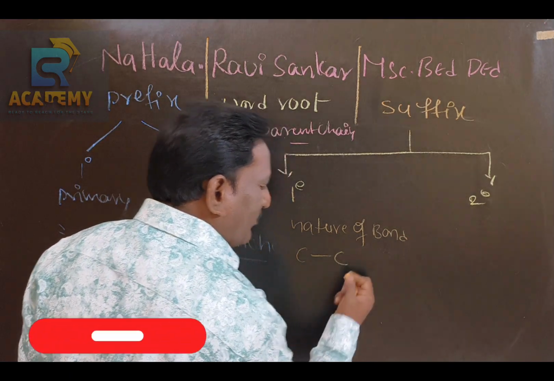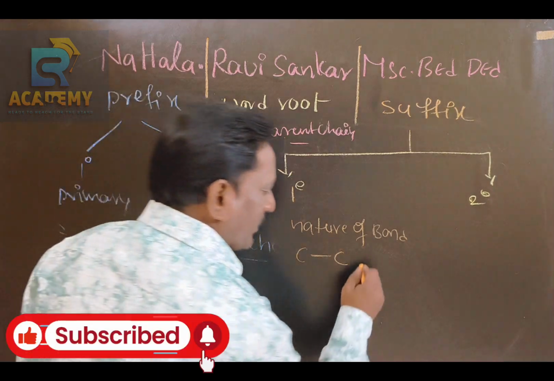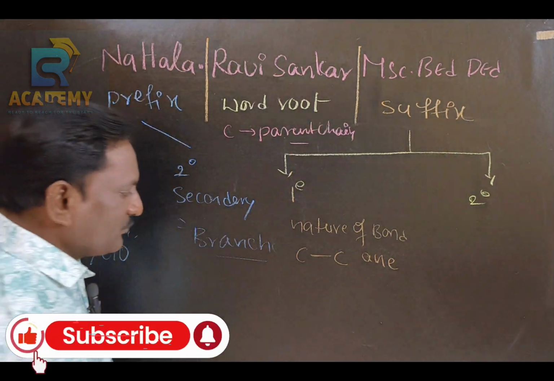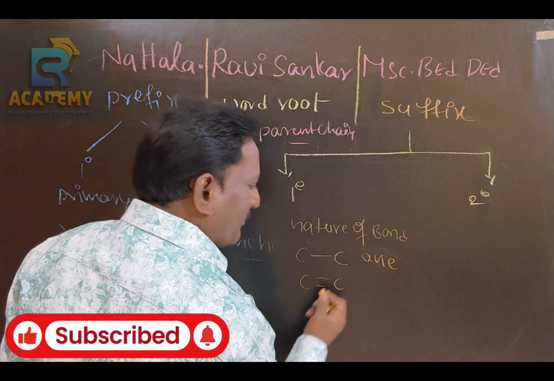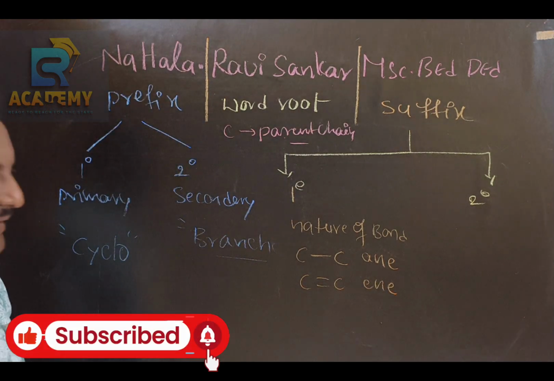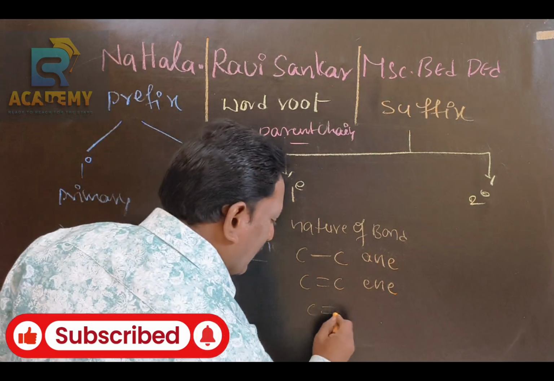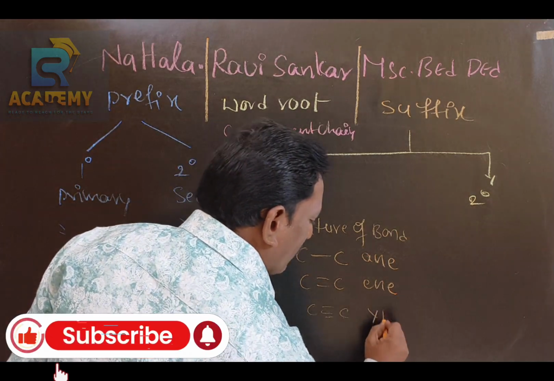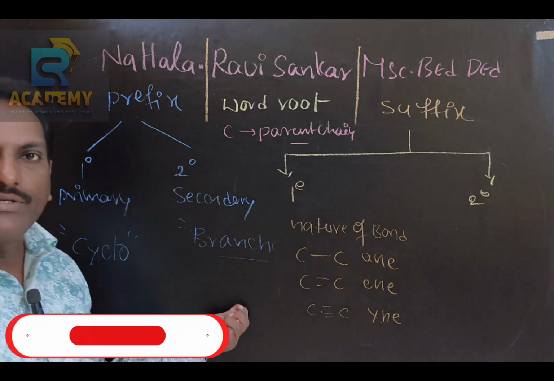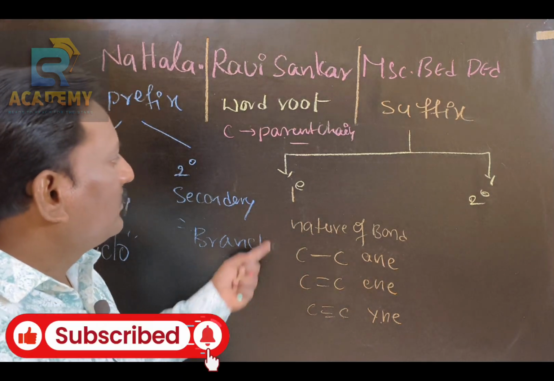If there are only single bonds between carbon and carbon, we should use ane. If there is at least one double bond between carbon and carbon, we should use ene. If there is at least one triple bond between carbon and carbon, it is called yne. Is it clear to you?